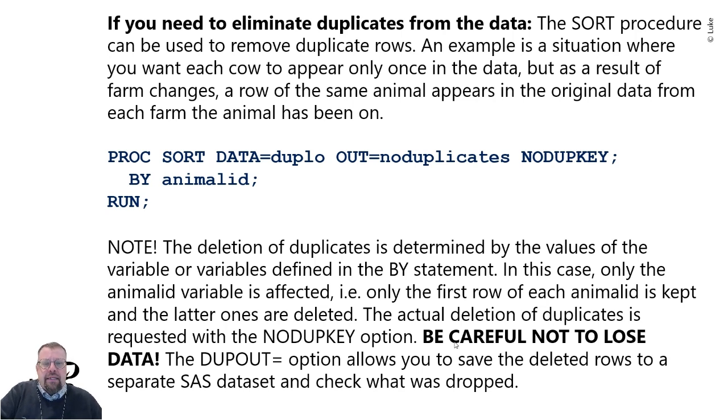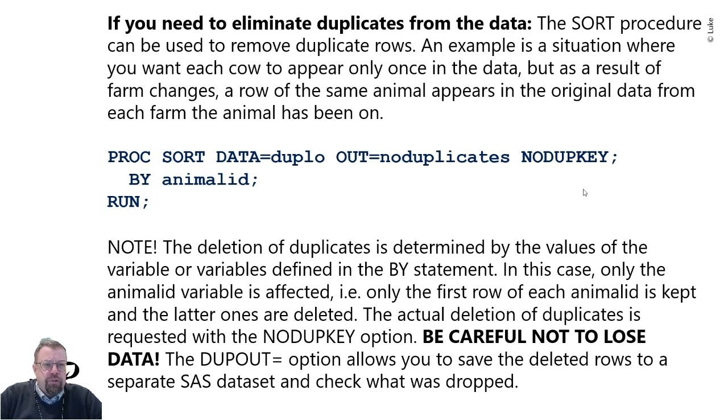The tool that can be used in SAS to do this kind of elimination of duplicates is familiar to us. It's the proc sort, but there are special options that you can use for elimination of duplicates.